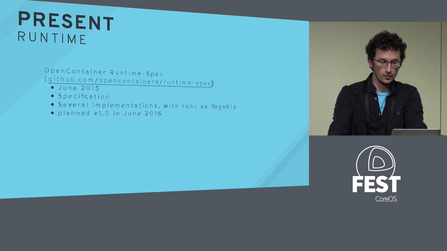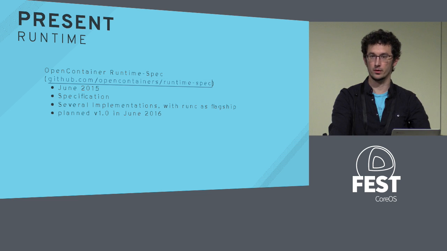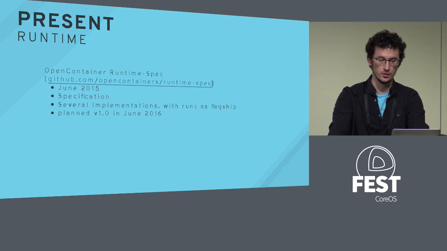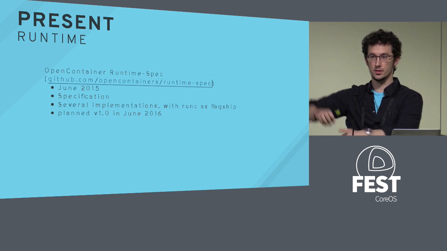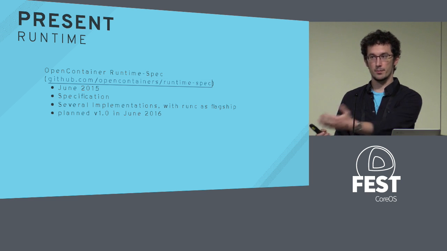And at this point now, there are several implementations of the runtime spec. runC is the flagship one. It's on the Open Containers GitHub project. Most of the implementations of this spec are looking to be compatible with runC, so that when Docker calling containerd calling runC happens, they can drop in and replace that binary of runC.